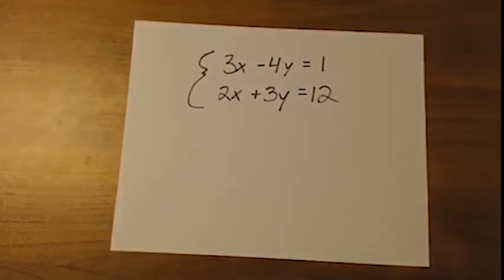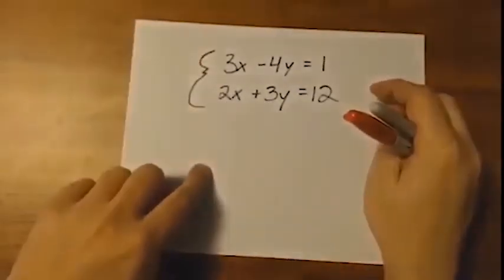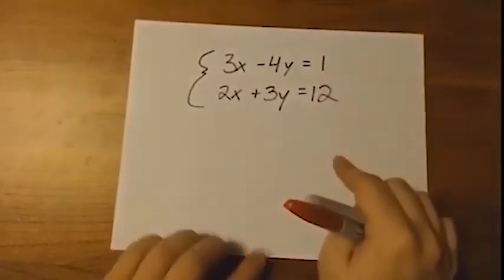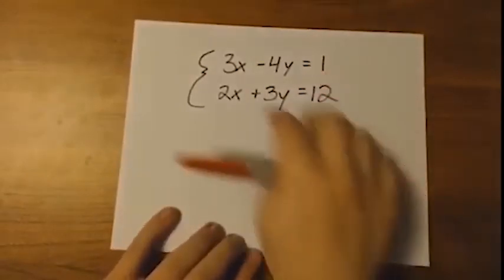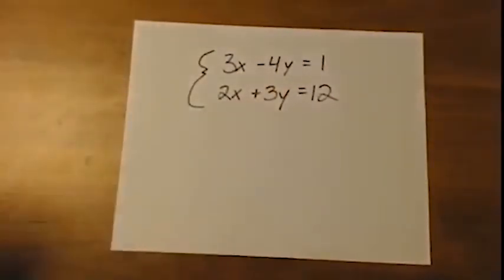And that's because literally to do this, you're going to multiply and add in order to, wait for it, eliminate one of the variables. So if we added this down right now, we would get 5x minus y equals 13. We want to find two equations that we can add down, and one of the variables would go away.